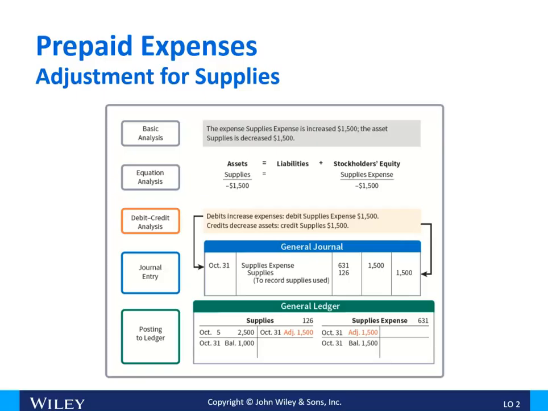We can see down at the bottom there, our October 31st balance for supplies was $1,000, which is what we're trying to get to because that's what the count showed. And then the supplies expense, we now have the expense of $1,500 in that account.